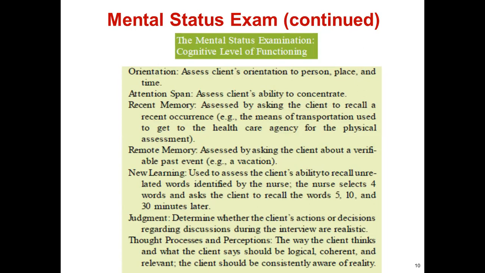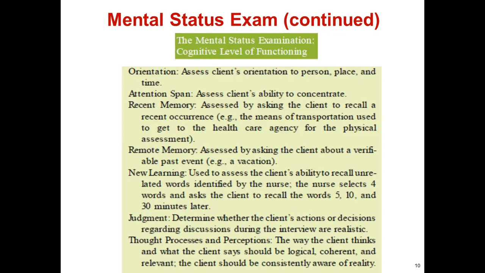Sometimes some patients have no relation with reality, or some neurological patients lose judgment power, thought process, and perception. Sometimes a patient has a delusion, illusion, even hallucination.